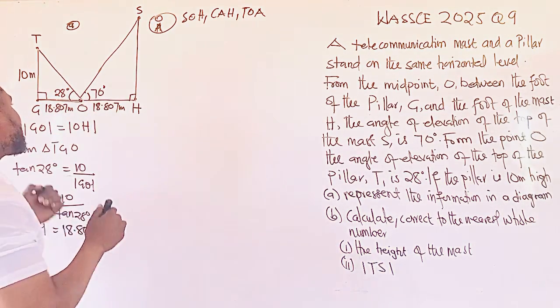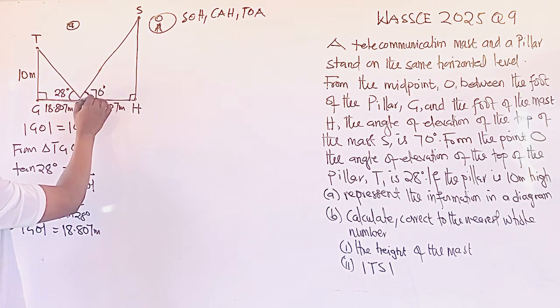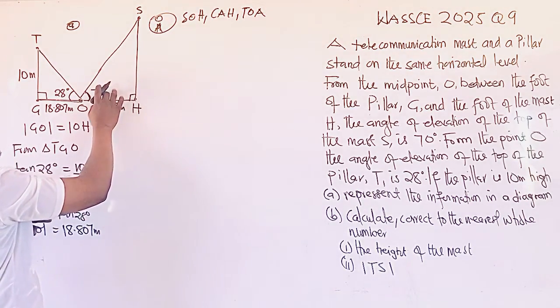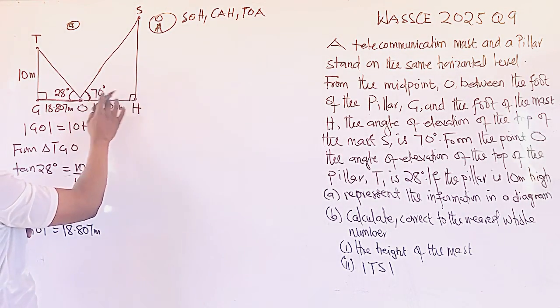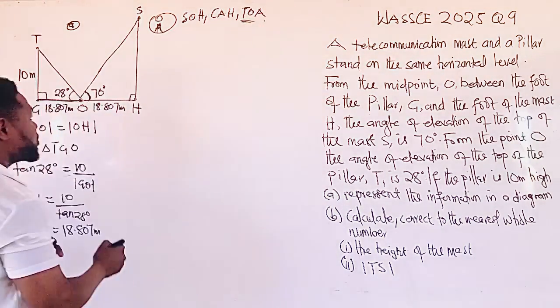All right. So again, OH is adjacent to this angle and SH is opposite to this angle. So adjacent and opposite, we need to use our tan ratio again.